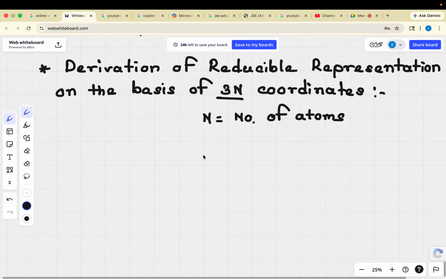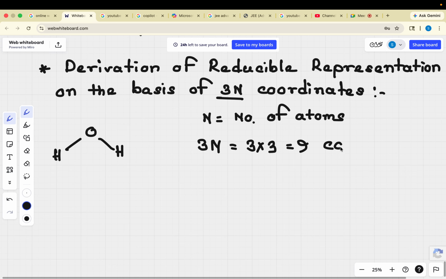So 3n coordinates, that means how many coordinates are you getting here, so 3 into 3. Suppose I am taking a water molecule, so that means you have 3 atoms here, so 3 into 3, right, that is equal to 9, so that means you will get 9 coordinate systems, okay. So if n atoms you have, you will have 3n coordinate systems.